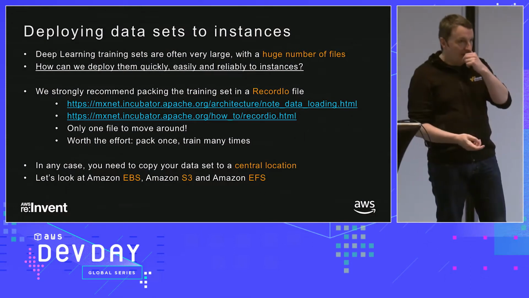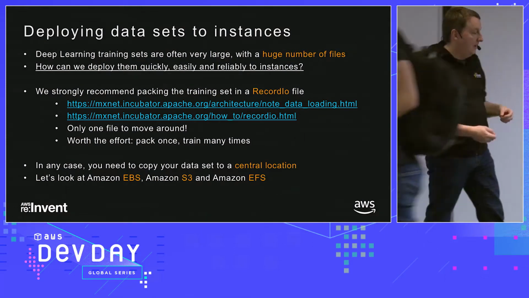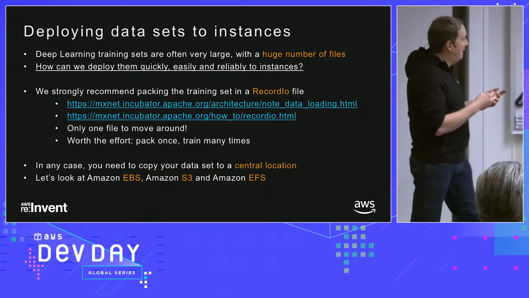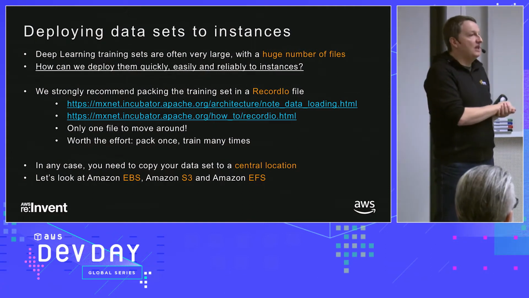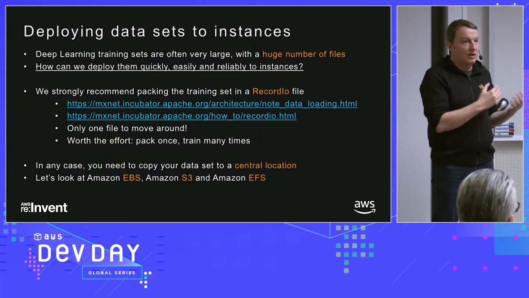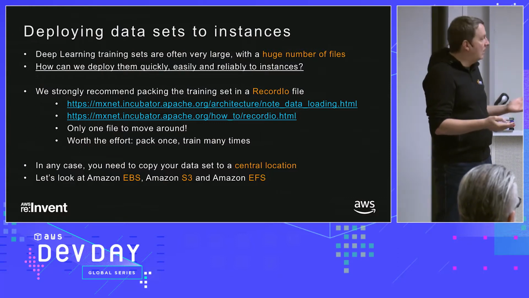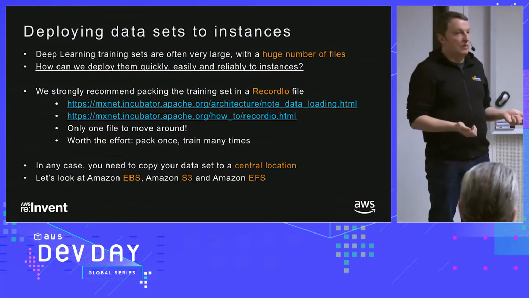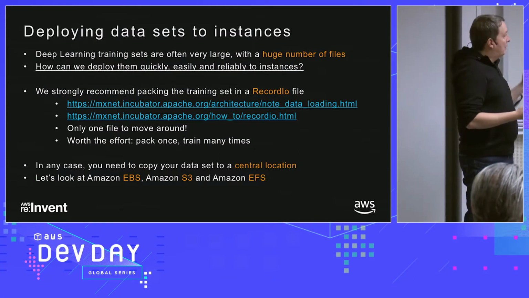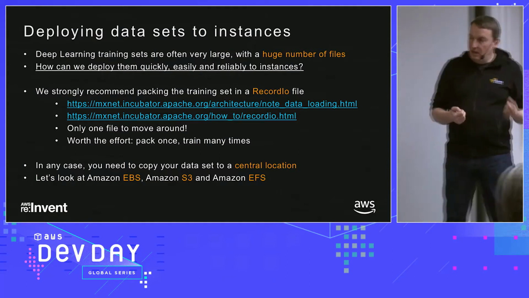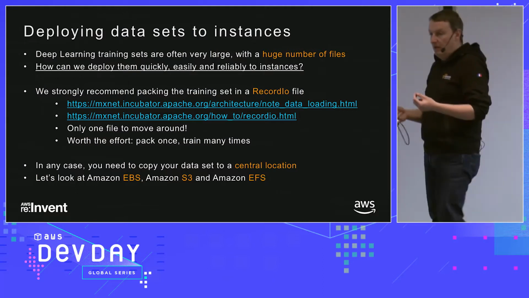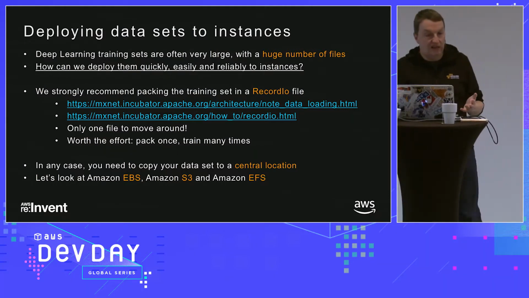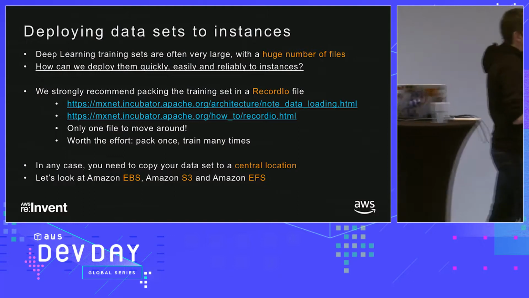ImageNet, I'm going to show you ImageNet hopefully afterwards, is 150 gigs, right? So that's a lot, and it's a million files and more. So it's not easy to move around, right? So the first technique that you should implement is to pack the data set into a RecordIO file.